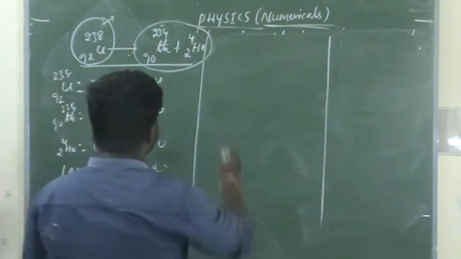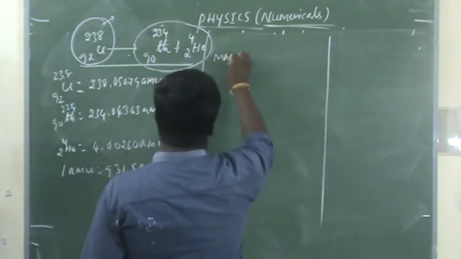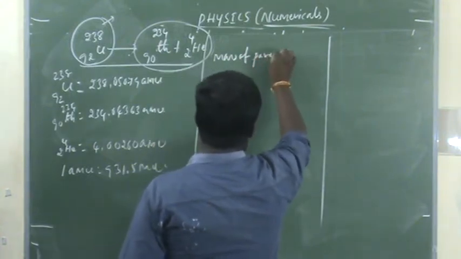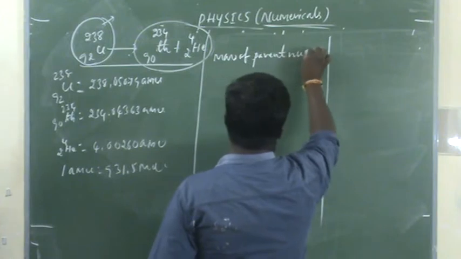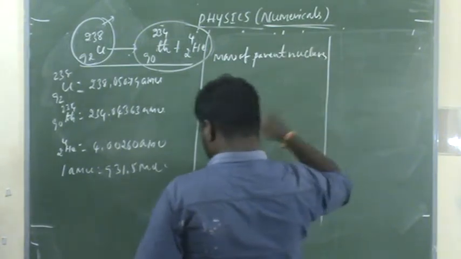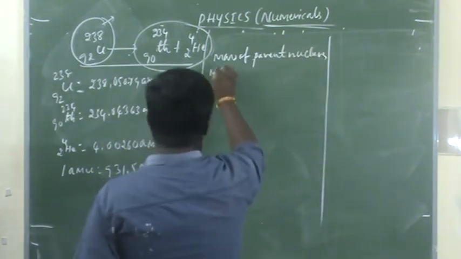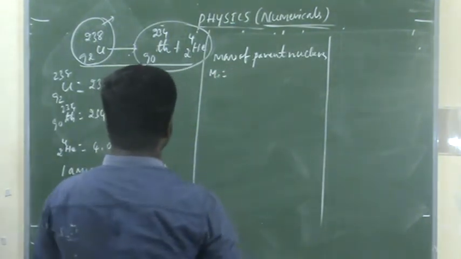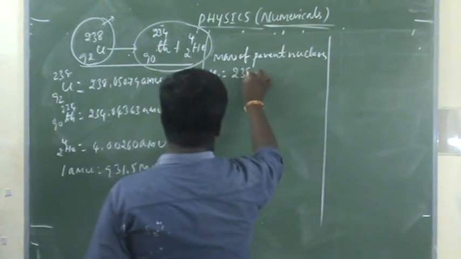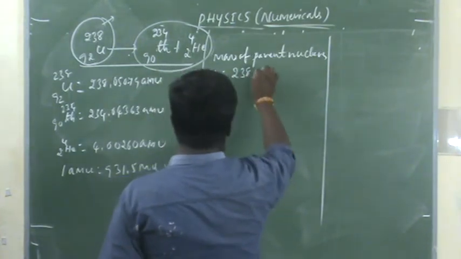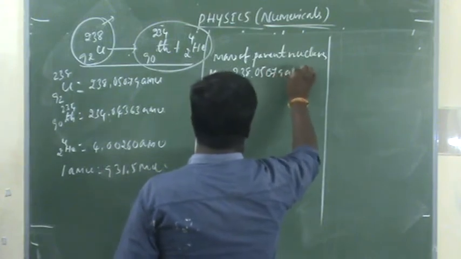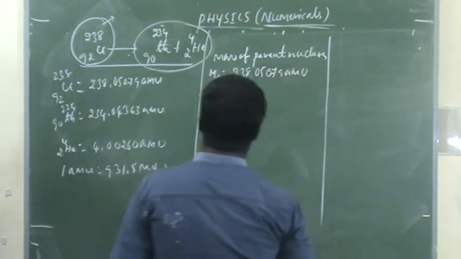So first, mass of parent nucleus M1 equals, what is that, mass of uranium, 238.05079 atomic mass unit.